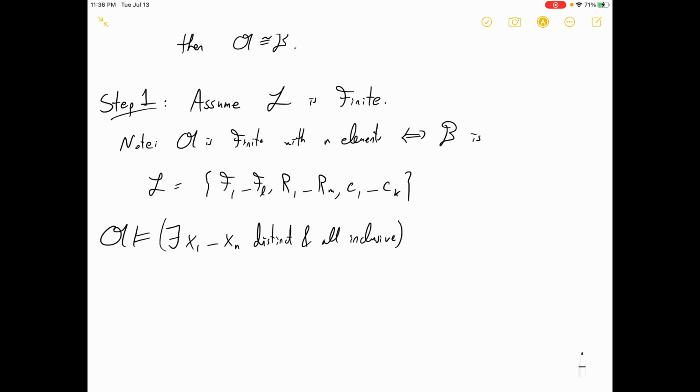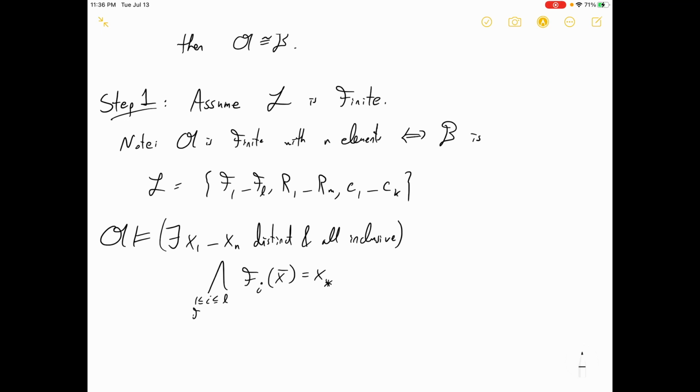And then you're going to write down everything that holds true of those elements. So you're going to say that fi of, whatever tuple it is, x bar, is x star. And this is a big conjunction over the finitely many instances of this function you need. So there's finitely many functions, right?